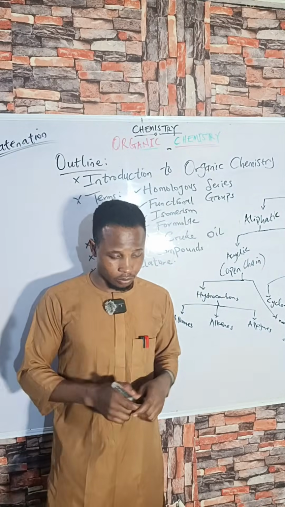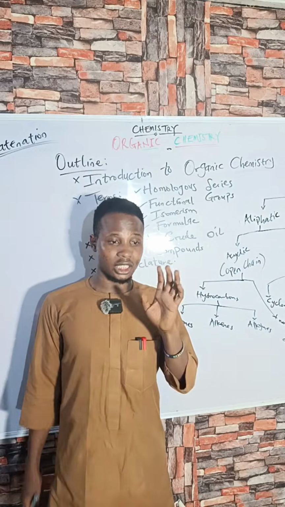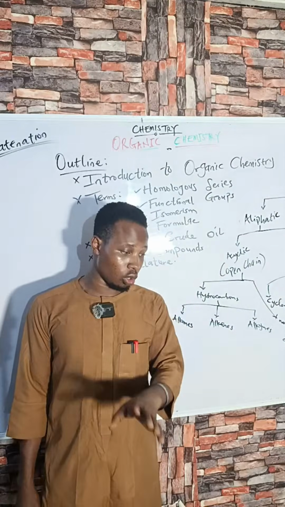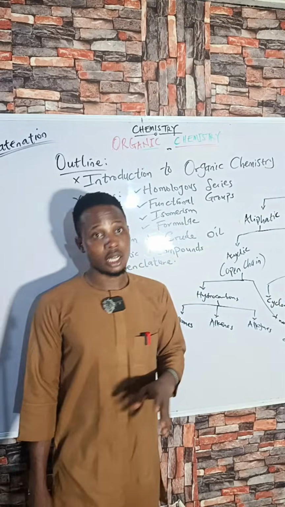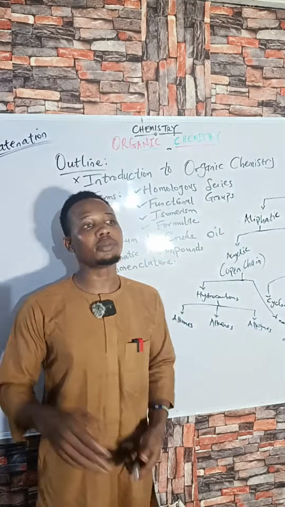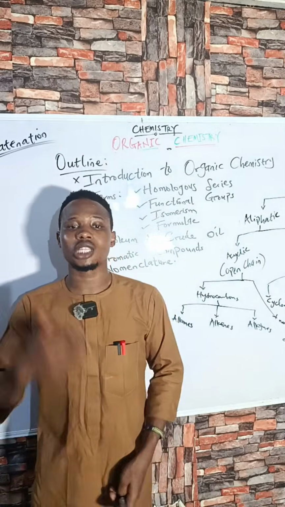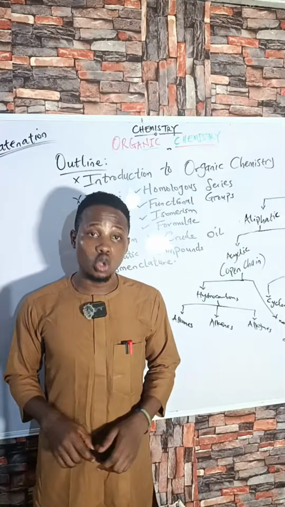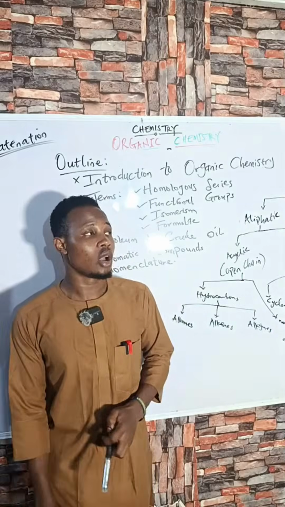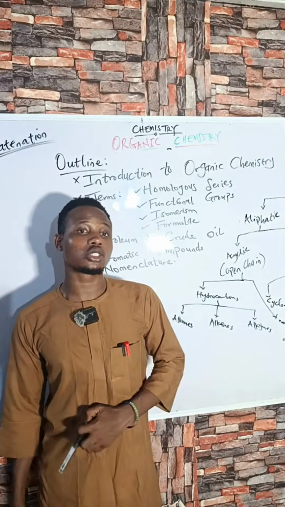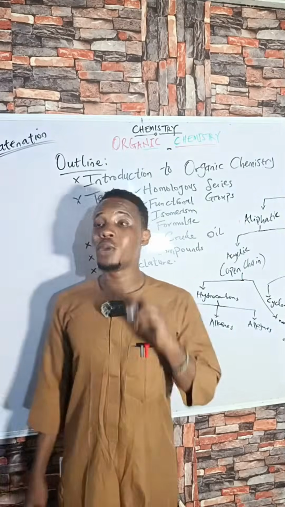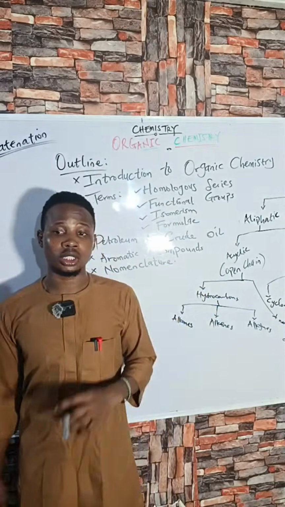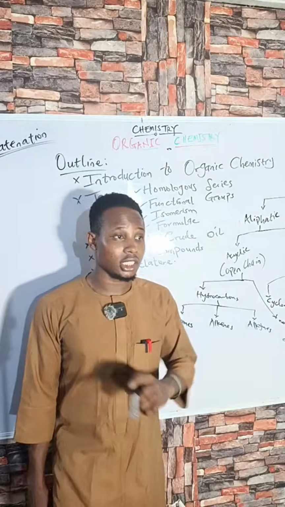All right. So if a compound is saturated, it does not decolorize bromine water. But on the other hand, does it mean it is only saturated compounds that will not decolorize bromine water? No. That is why you must note that benzene, although unsaturated, does not decolorize bromine water.